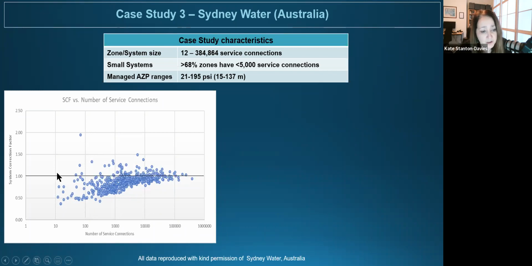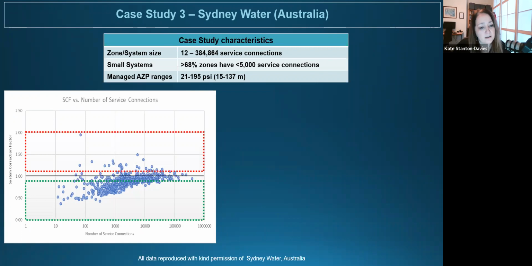We've also got a good spread of results which sit in that plus or minus 10% around a value of 1, indicating that the standard UARL equation is fine for setting targets in these zones. So any of the results sitting in the green dotted box, we know that the standard UARL is overestimating UARL volumes. We could drive those leakage targets further down.